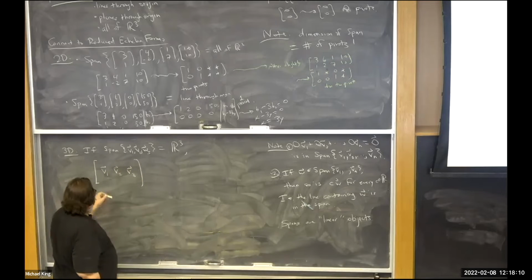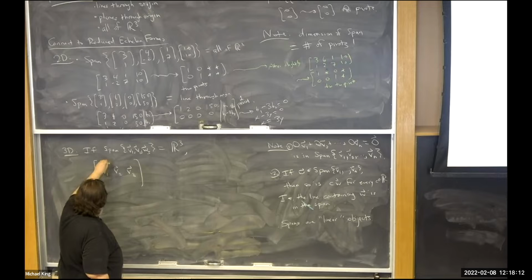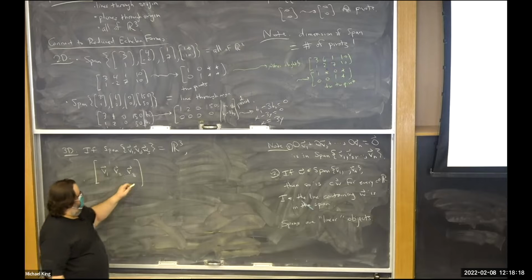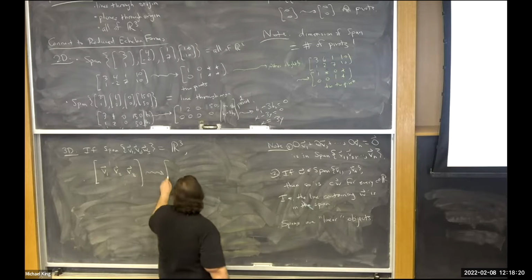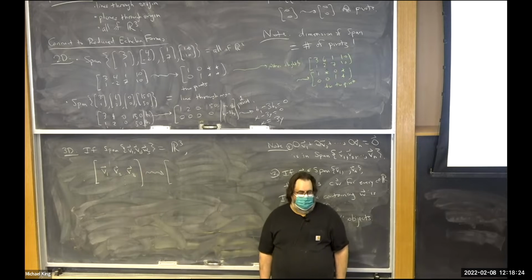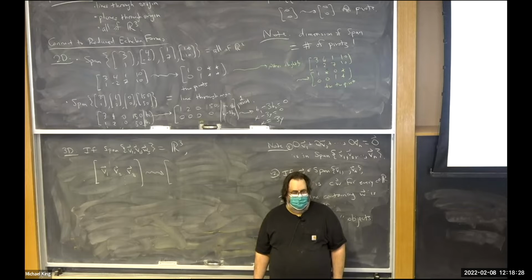So this is what I mean. This is the matrix whose columns are like that. Then what would that row reduce to? How many pivots should we get? 3. And what does a 3 by 3 matrix with 3 pivots look like?